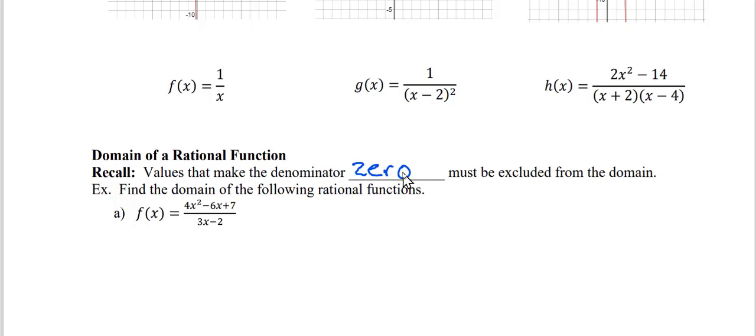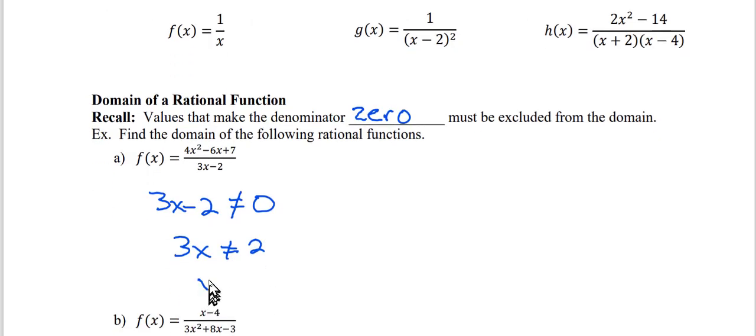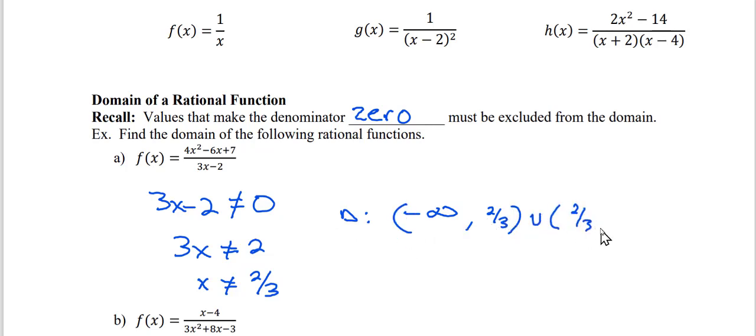So in essence, we are going to take the denominator, whatever it is, remember it's a polynomial, and set it equal to 0 and say it can't equal 0. In this case, this is a nice linear function in the denominator, so x cannot be 2/3. That means our domain is negative infinity to 2/3 union 2/3 to infinity.